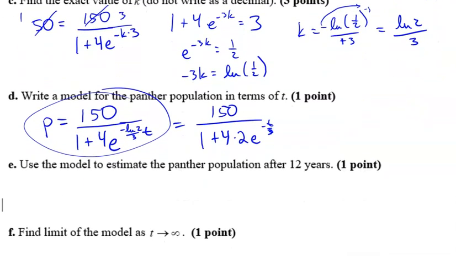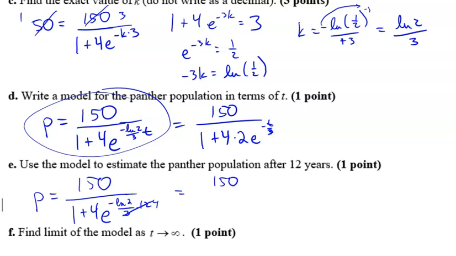Okay, so then for the last one, oh, no, I'm sorry, next to last, it says use this model to estimate the panther population after 12 years. So now we're plugging 12 in for t. So population is 150 over 1 plus 4e to the negative natural log of 2 over 3 times 12. Okay, which that becomes a 4.